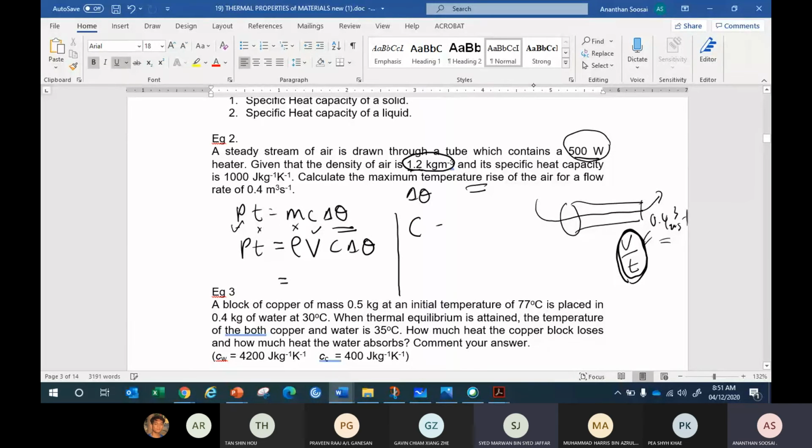You want the change of theta, right? Change of theta equals PT over rho V C.